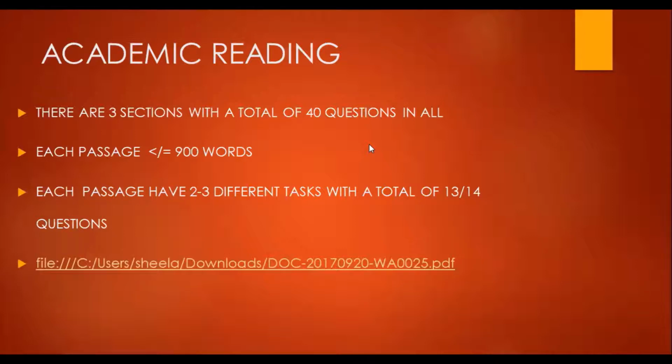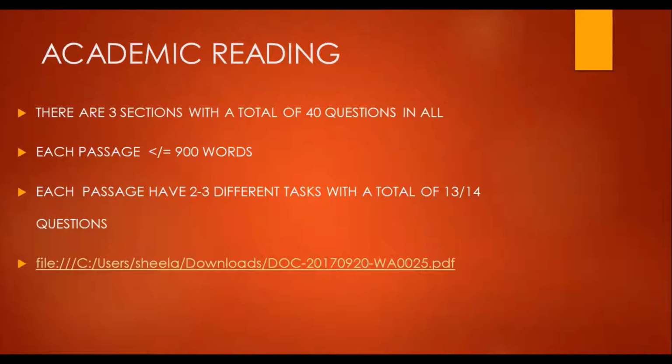Anyway, I was giving an example of how the reading passages look for people who don't know what reading is. This is how it goes. There will be one reading passage, and then some questions will follow that passage. Then another passage, the second passage, will follow, with some questions related to the second passage.